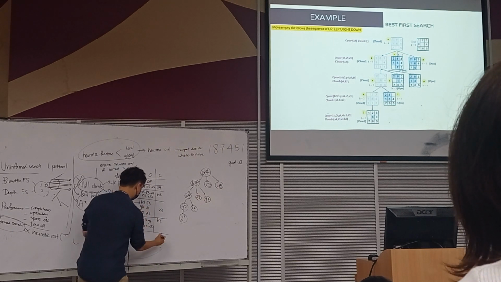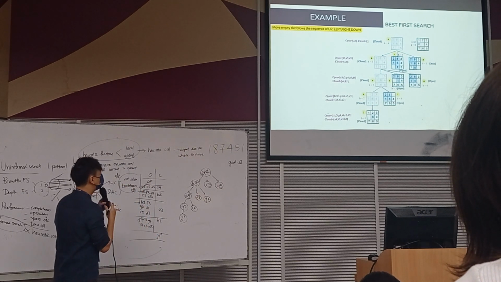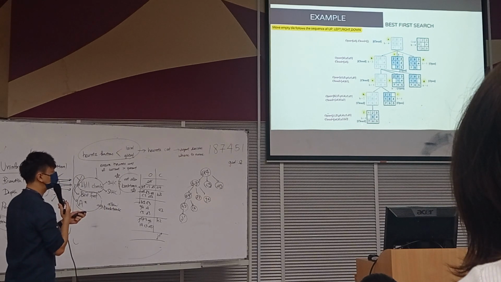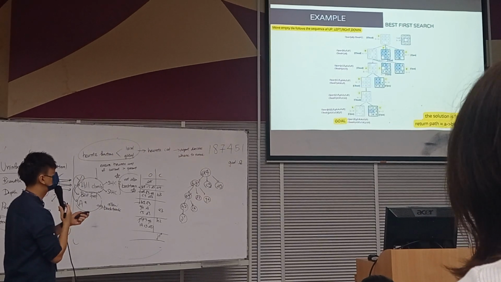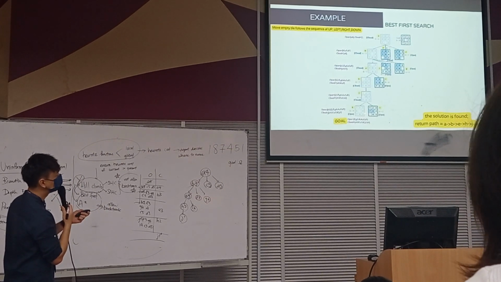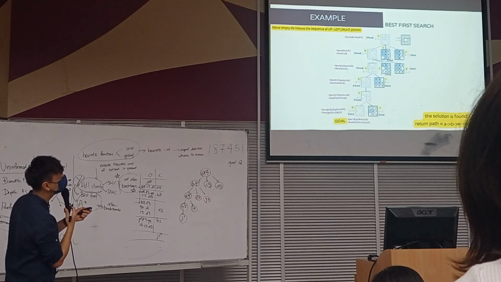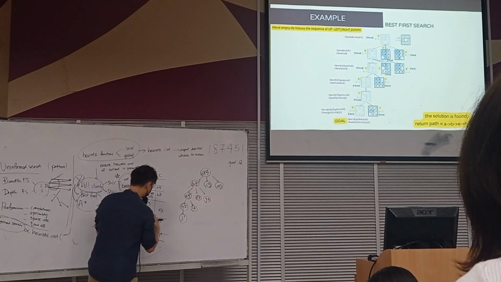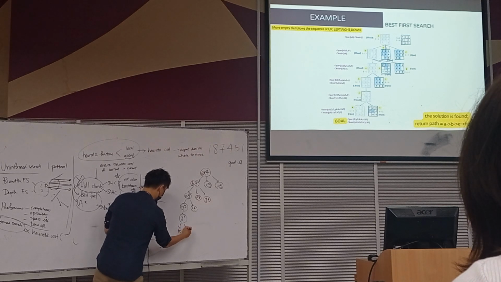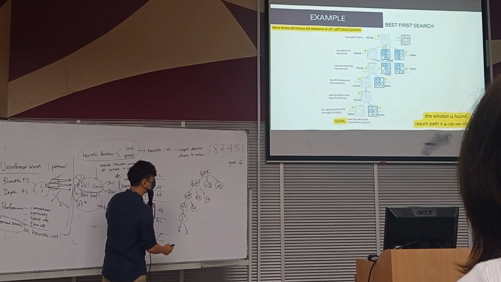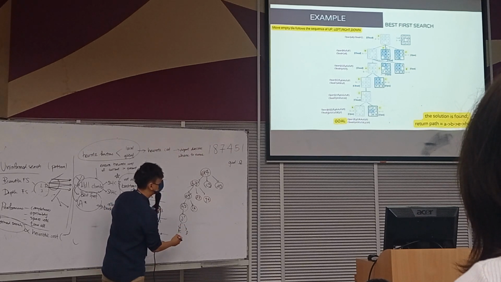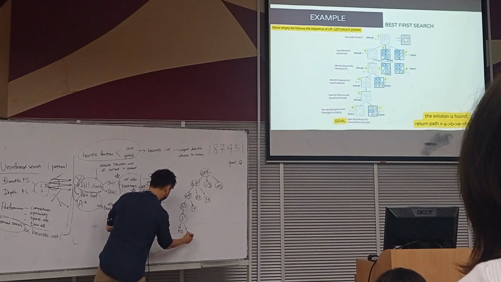So expand J1. If you expand this one, you can move down and also right. You have two movements, so you have two states, K and L, with values 0 and 2.